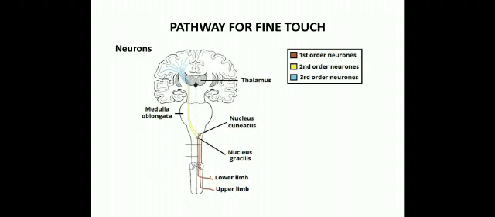So, the pathway for fine touch includes the central process of the neurons in the dorsal nerve root ganglia entering the posterior white column of the spinal cord and forming the fasciculus gracilis and the fasciculus cuneatus. These are uncrossed tracts.